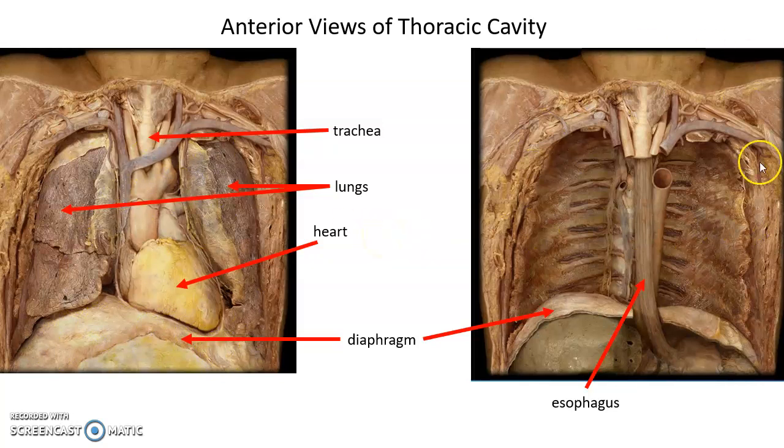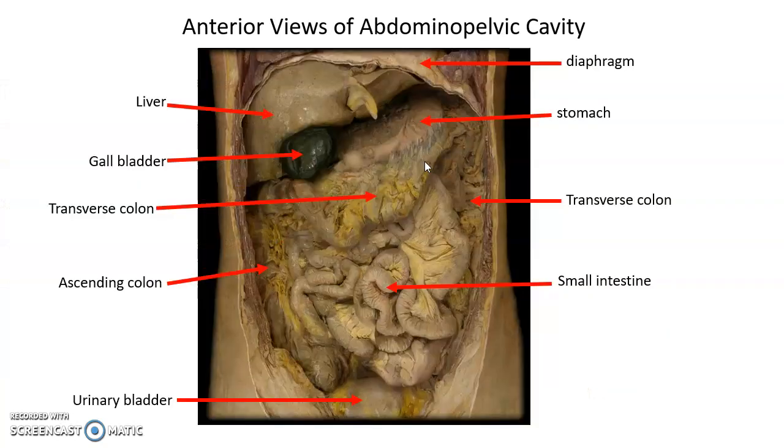Over here's a deeper view of the thoracic cavity, removed just about everything, but that's so that we can see the esophagus. The esophagus goes all the way from behind the larynx, travels behind the trachea, behind the heart, goes through the diaphragm and enters the abdominal cavity to lead to the stomach. So here's the esophagus, part of the digestive system, heart, part of the cardiovascular system.